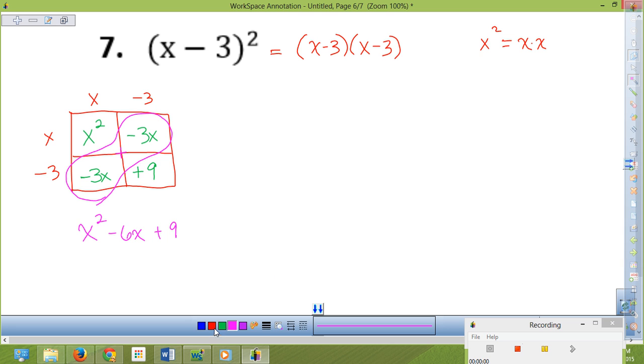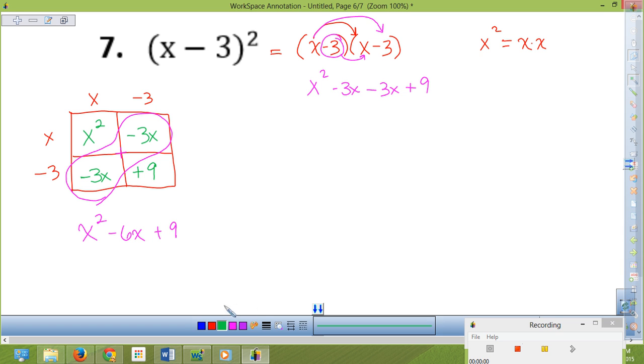If you do it the distributive way, now is your time. Take x, and we're going to multiply it by the other x, and so you get x squared. Take the x, you multiply it by the negative 3, you get negative 3x. Take this negative 3, multiply it by the x, you get negative 3x again. Negative 3 times negative 3, positive 9.